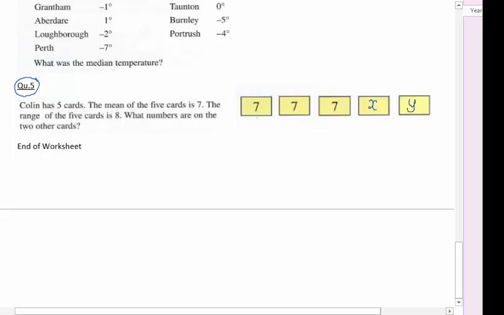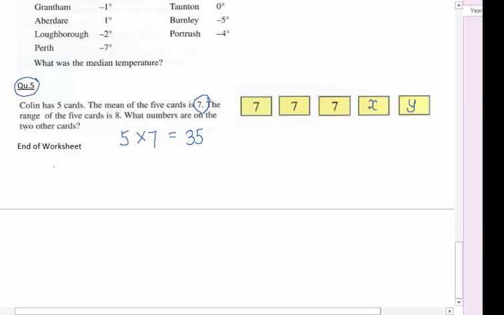Now what I do know is that the average of all the cards is 7. So I've got 5 cards and the average value for the cards is 7. So the total value of all the cards is going to be 35. If I've got a mean of 7 and I've got 5 cards, 5 times the mean will give me 35.